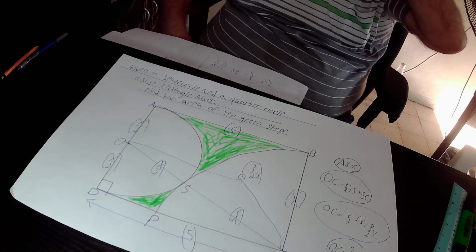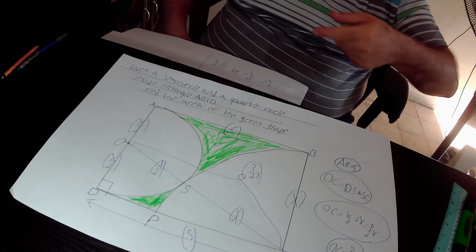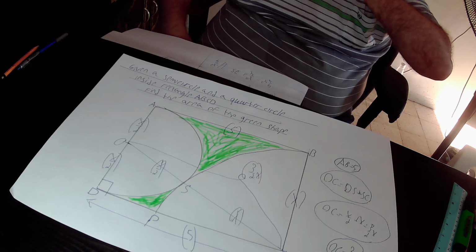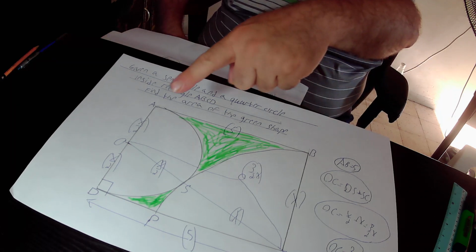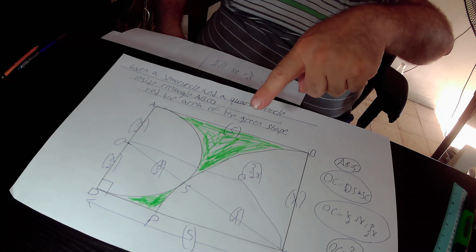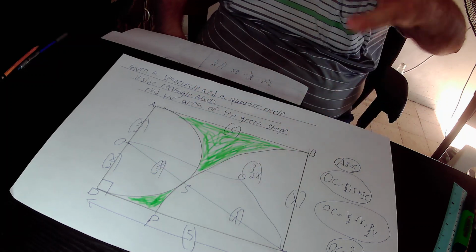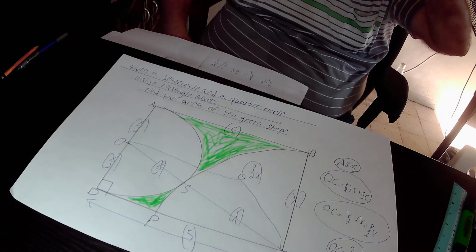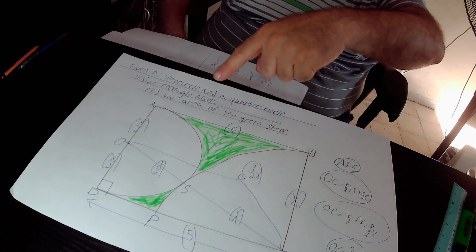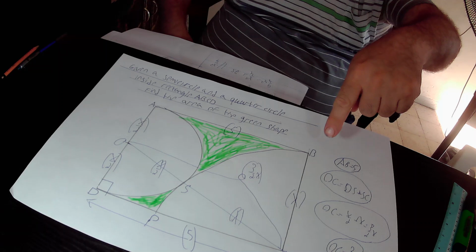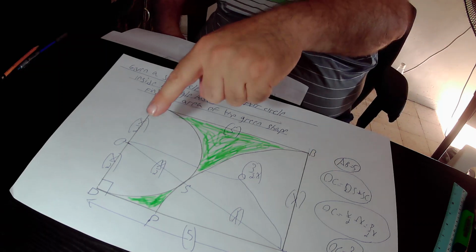In addition, we also know that the opposite sides of a rectangle are equal to each other. So in rectangle ABCD, side AB must be equal to the opposite side DC. But AB is 5, therefore DC must also be equal to 5 units in length. Likewise, in rectangle ABCD, side BC must be equal to the opposite side AD. But BC is x, therefore AD must also be equal to x.